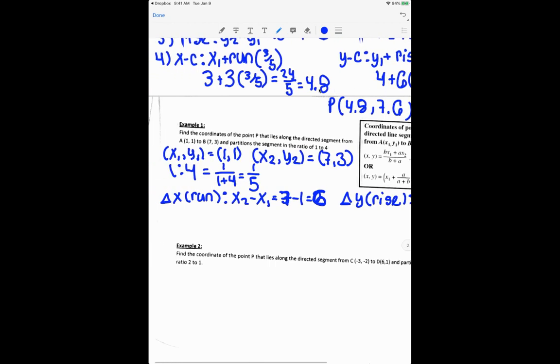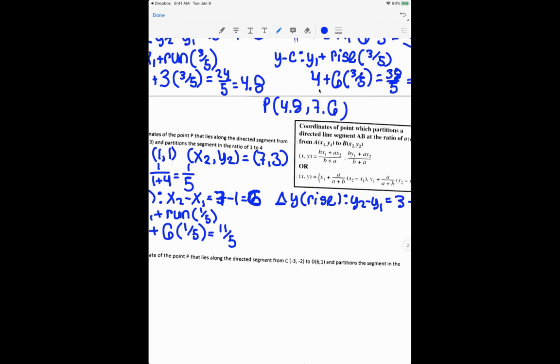Okay, that's corrected. So then from there, we find our x coordinate. So remember to find that it's x1 plus your run times your ratio, which is 1/5 in this case. So my x1 coordinate is 1 plus my run, which is 6, times 1/5. So that's 1 plus 6/5, which is 11/5.